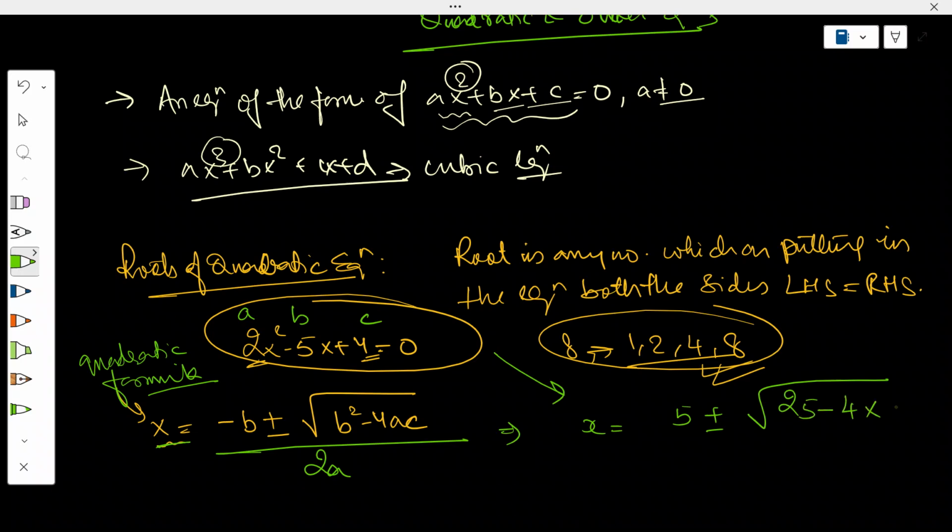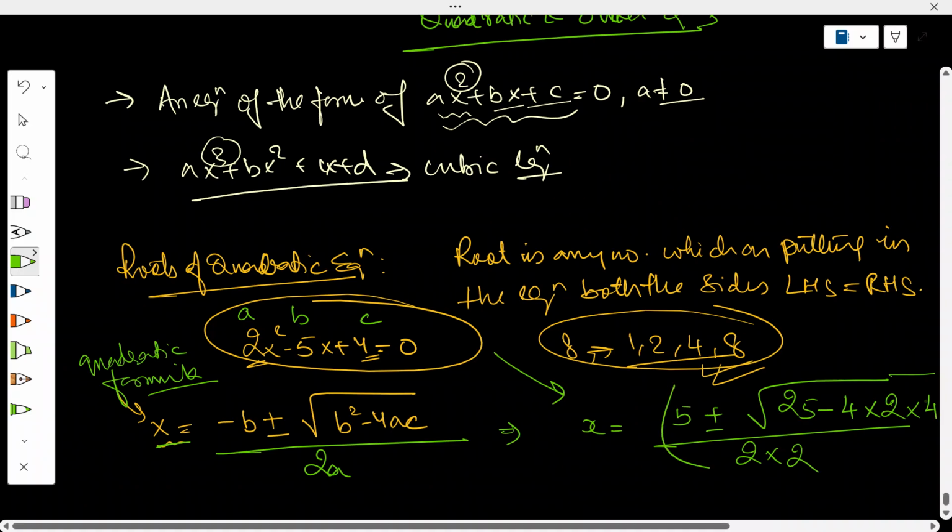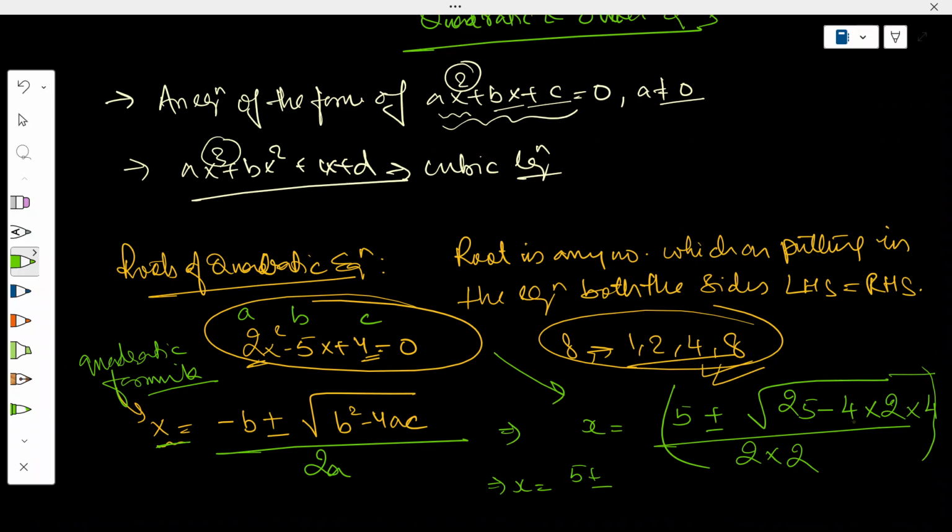So a is 2 and c is 4, divided by 2 times a, and 2 times a is 4. So let us simplify this. It is 5 plus minus under root 25 minus 4 times 2 times 4, and 4 times 2 is 8, 8 times 4 is 32.